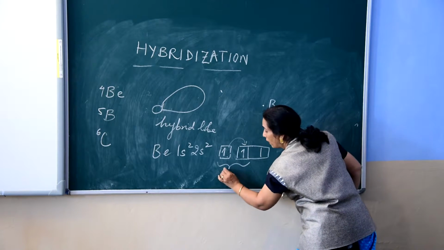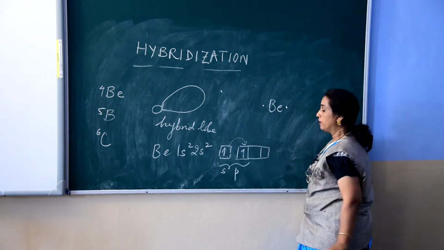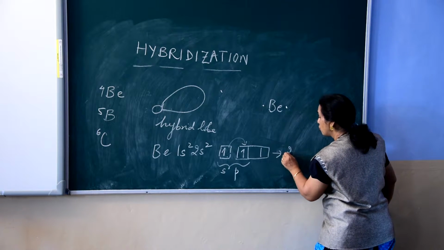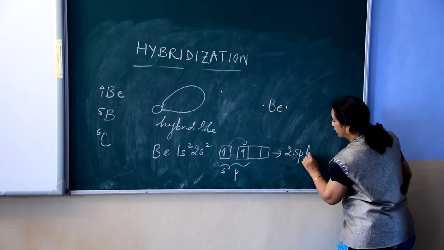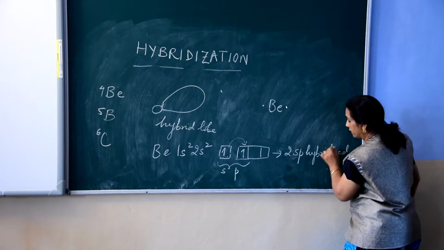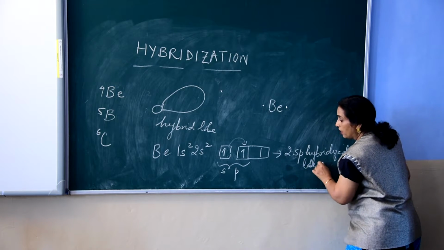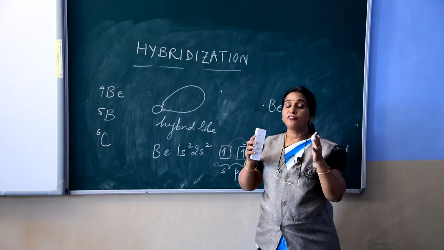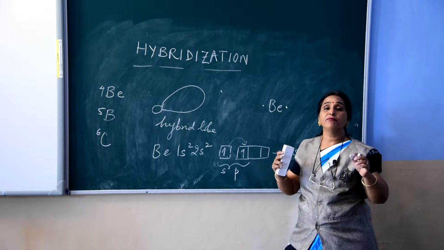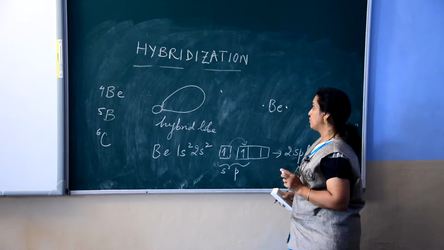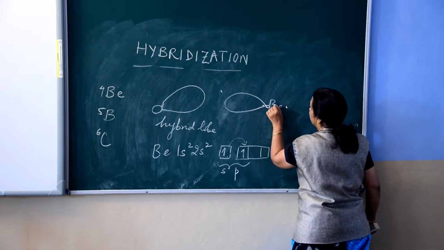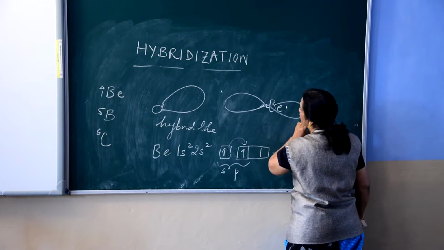The 2s and 2p orbitals of beryllium intermix to give us 2 sp hybridized lobes, and these lobes will orient themselves in such a way that they have minimum electronic repulsion. That means one lobe will be oriented like this, the other lobe like this.